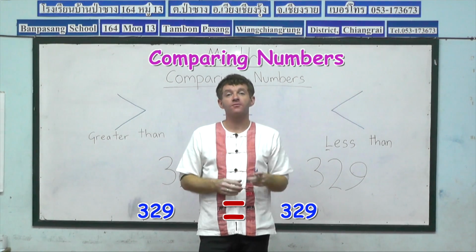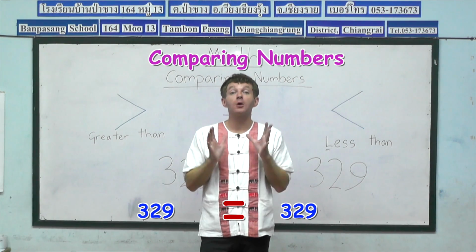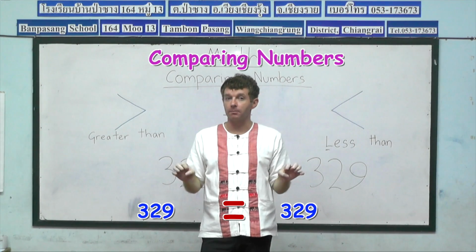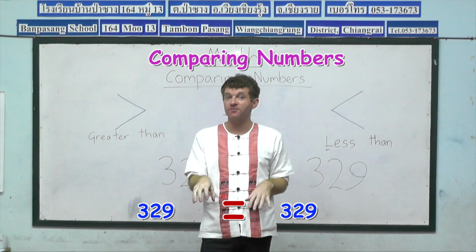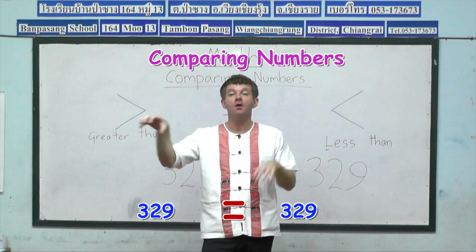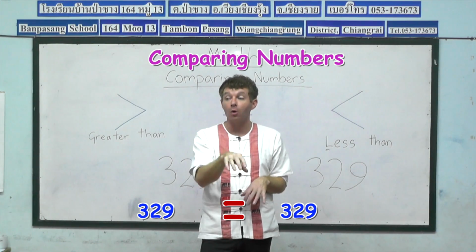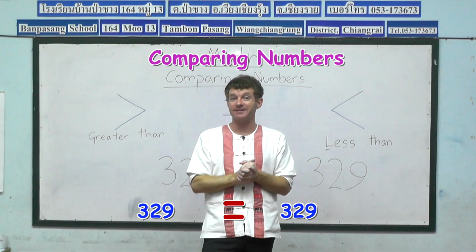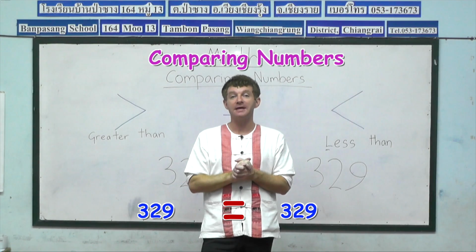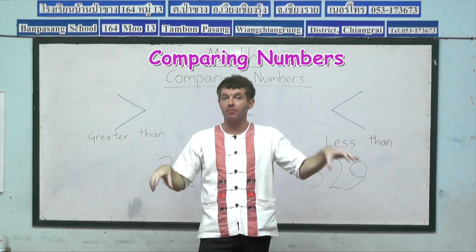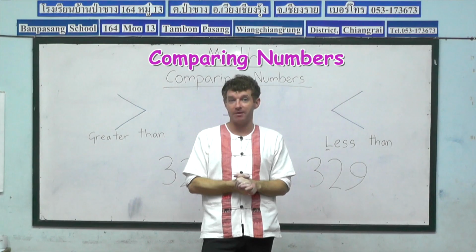And what we're going to do now in today's lesson, we're going to move on. We're not going to be looking just at comparing numbers, although that is what we need to do initially. But then we have to look at a series of numbers and put them into order depending on the size. So what we need to learn is first how to compare and then put different numbers into the correct series.